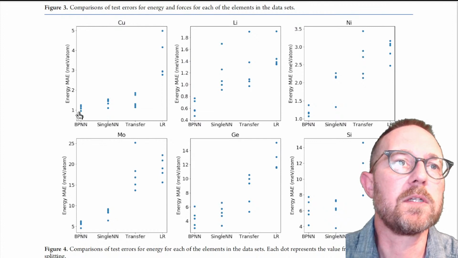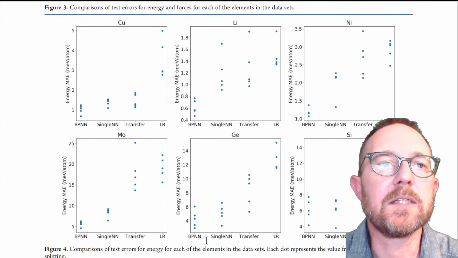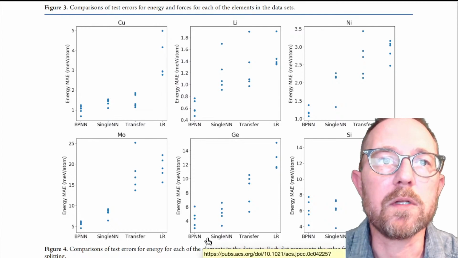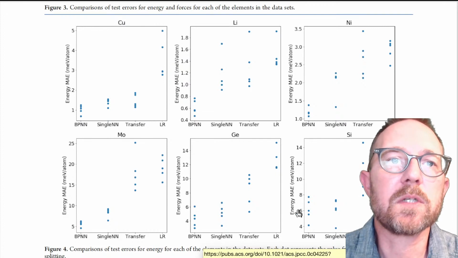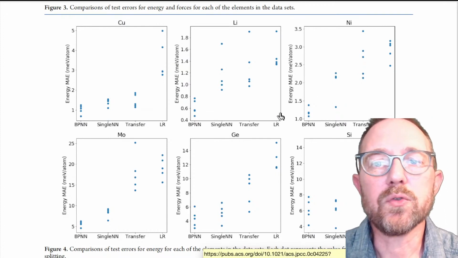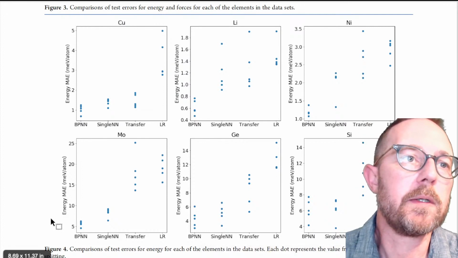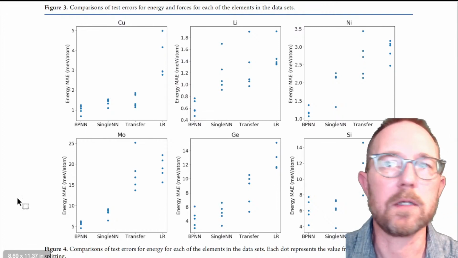And so each one of these data points are the train test split for different seeds. And this gives you an idea of how reproducible is any one of these fits. And sometimes it's better, sometimes it's worse. And that just tells you that you can't use a single model and know what the answer is without exploring how important is the data that you're looking at.